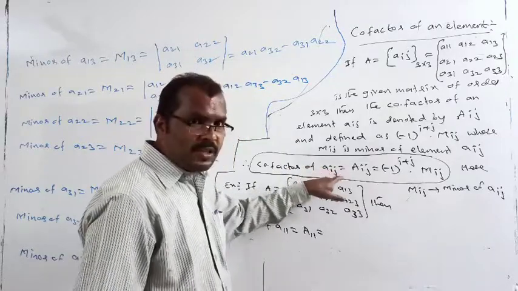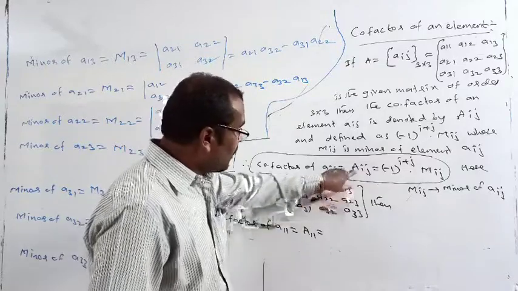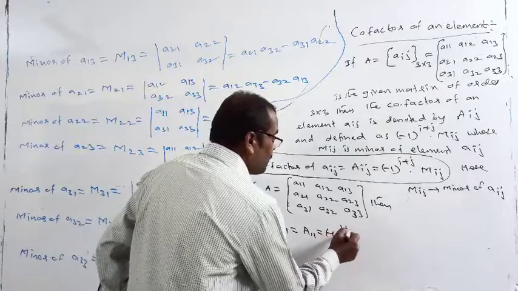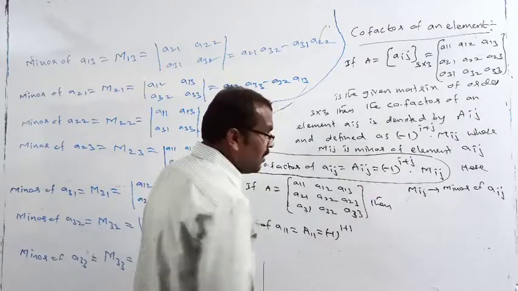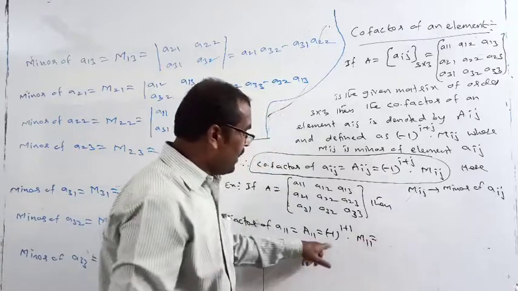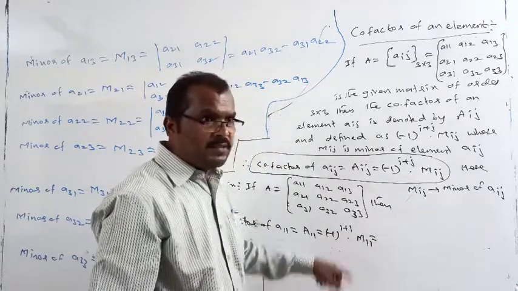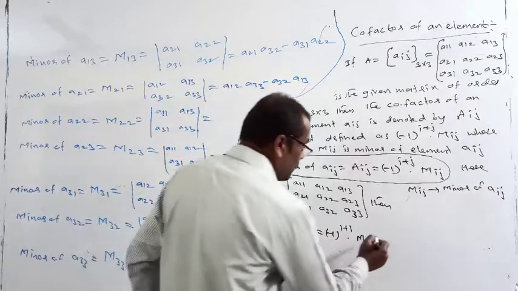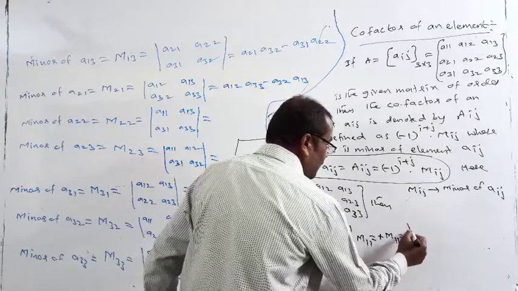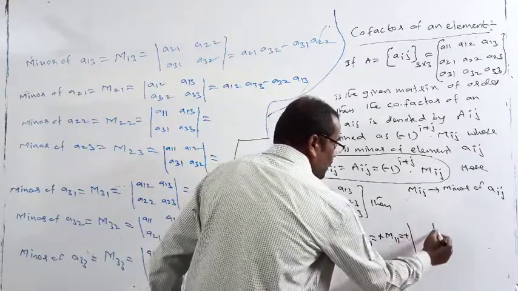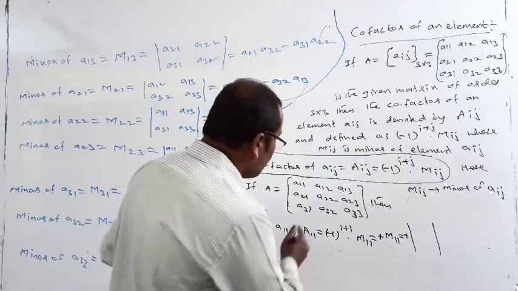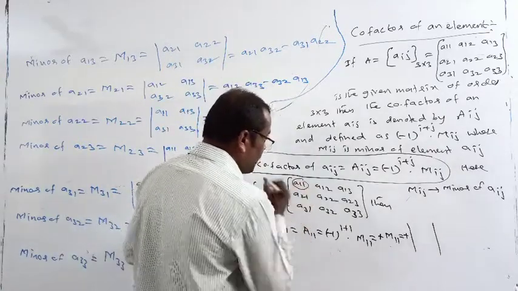Don't confuse here. Then it will be A11. Minus 1 whole power 1 plus 1 into M11. You can write minus 1 whole square, it becomes plus M11. What is the meaning of M11? Minor. Already we have the M11 value in the minors.